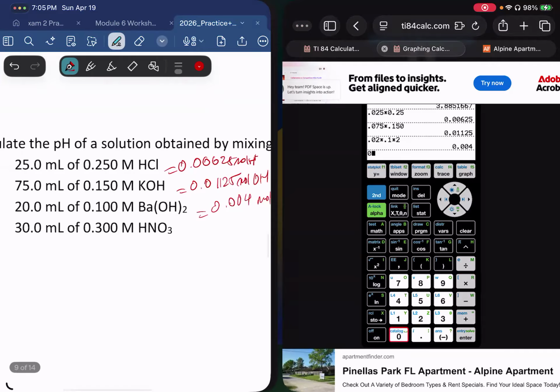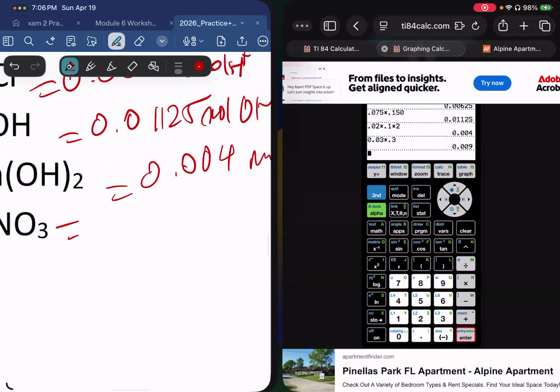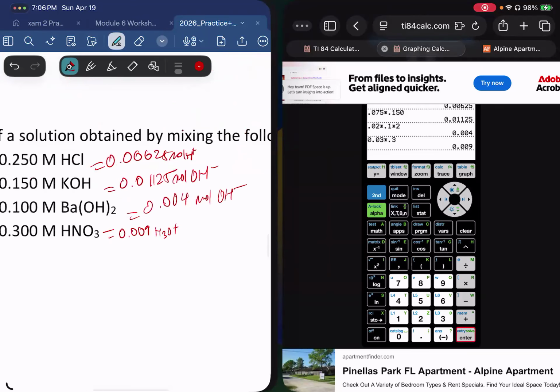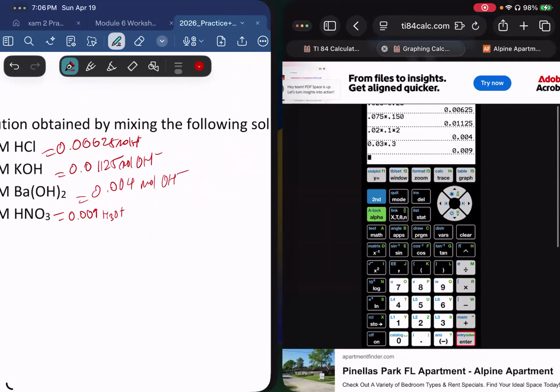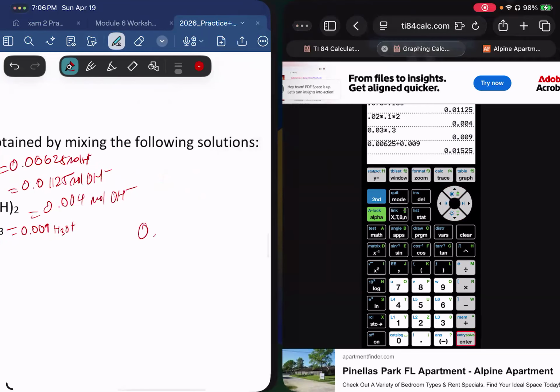And then here it's HNO3, so 0.03 times 0.3, so 0.009 mole of H3O plus. So let's add the hydroniums together. Adding this plus this, I got 0.01525 mole of H plus.